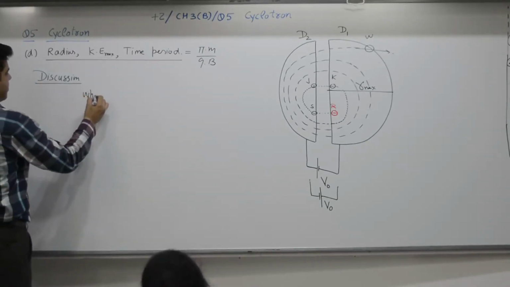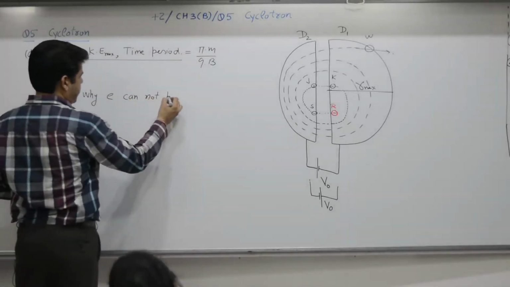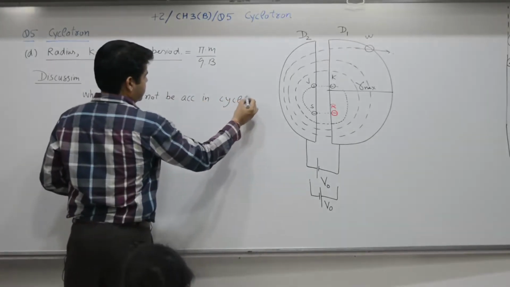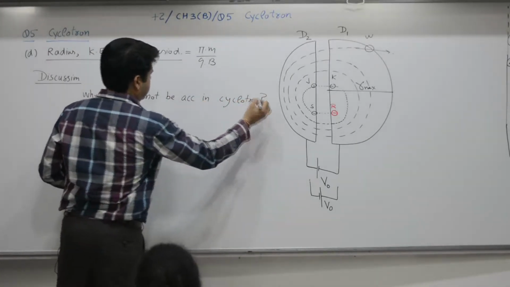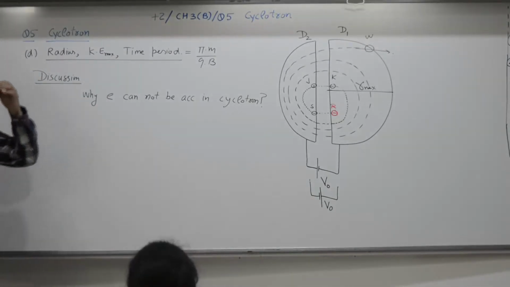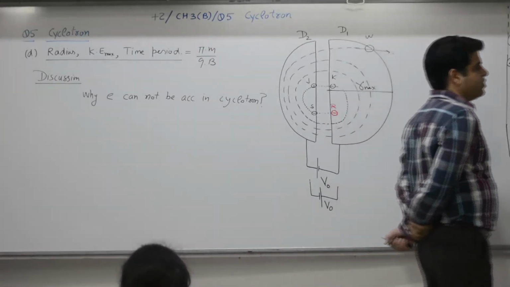Why can an electron not be accelerated in a cyclotron? Why can an electron not be accelerated in a cyclotron?